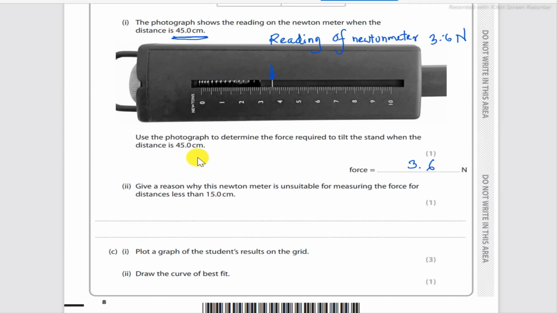Give a reason why the Newton meter is unsuitable for measuring the force for distance less than 15 centimeter.